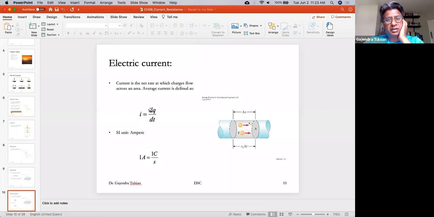The units for current are Coulomb per second, and this combination is called an ampere after Mr. Ampere, who studied electric currents. So an ampere is the unit for electric currents.